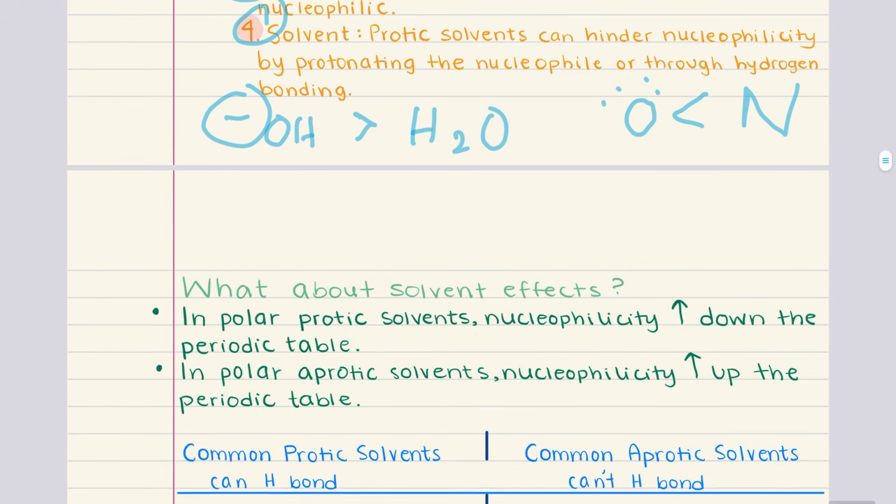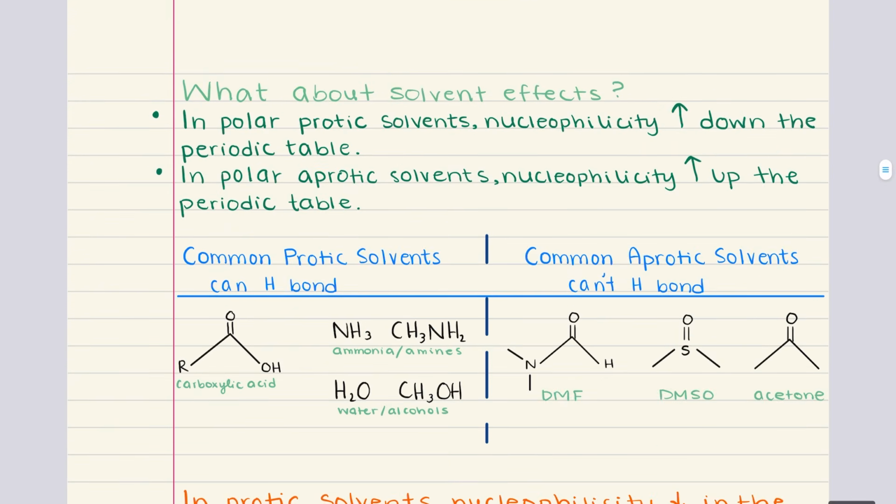Now, this point is worth elaborating on because solvent effects play a very important role in determining nucleophilicity. The type of solvent used in a reaction, whether polar protic or polar aprotic, can significantly influence the strength and reactivity of a nucleophile.